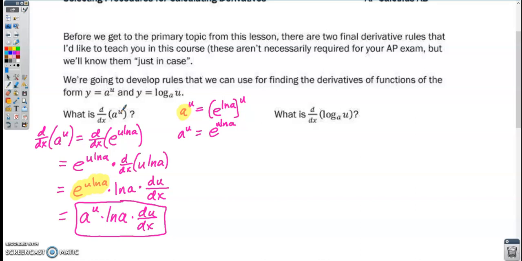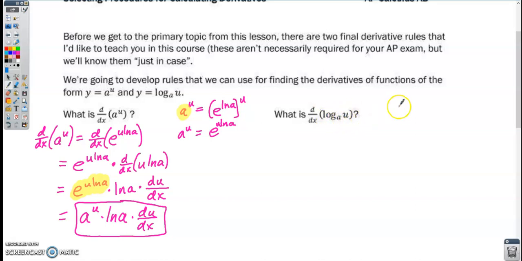All right, in order to develop the rule for the derivative of the base a logarithm of u, we're going to use a theorem that you should have learned in pre-calc called the change of base theorem, which basically says that whenever I have a logarithm to a particular base, I can change the base of this logarithm.